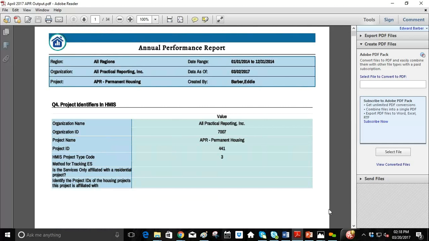So as far as running, there are different kinds of setups that different vendors and different organizations have. If you have an APR where you have multiple subgrantees and they're not all together, what Sage is allowing you to do is run an APR for each of these and submit the APR results one at a time, and then at the end press submit.